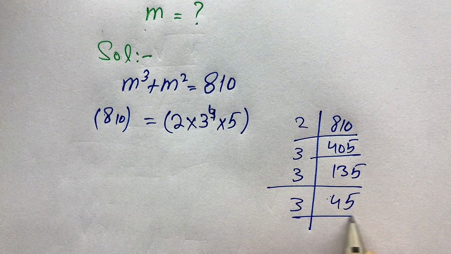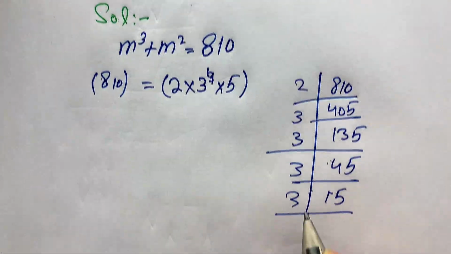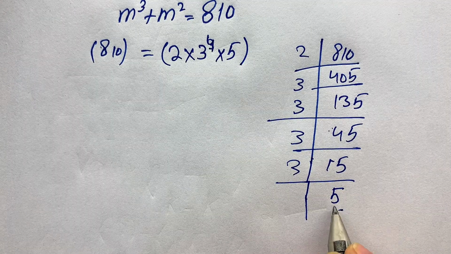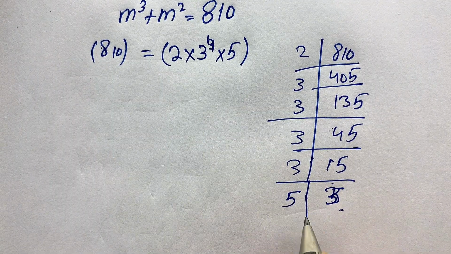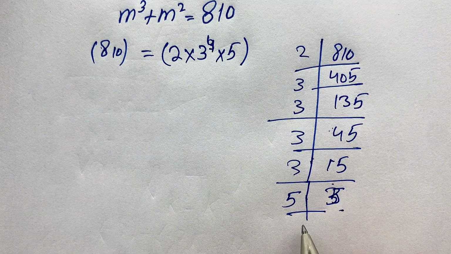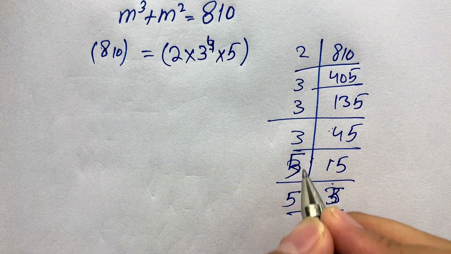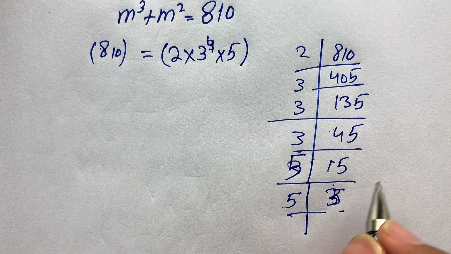This will be 3 × 15. This will be 3 × 5. This will be 3 × 3, 5. This will be 5 × 3.